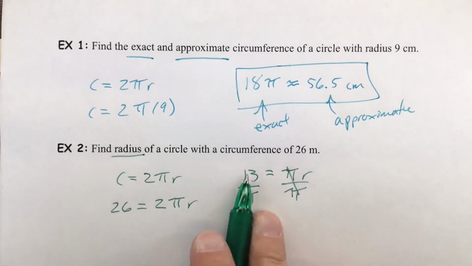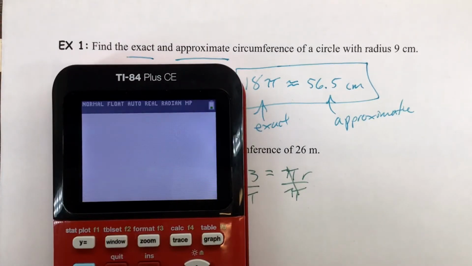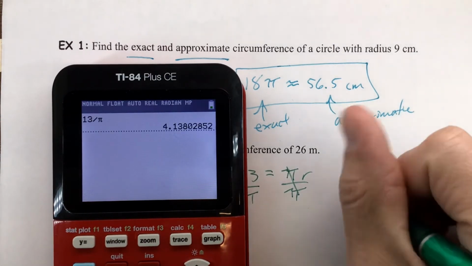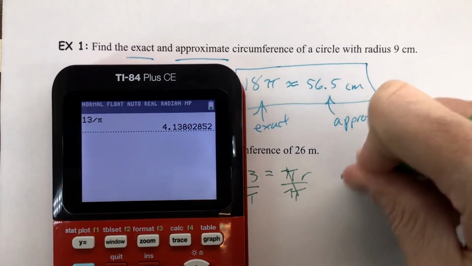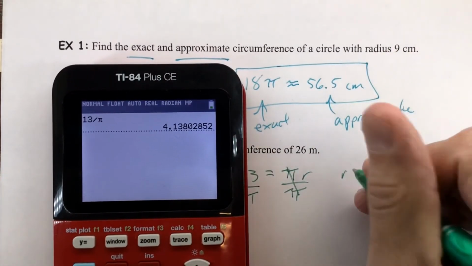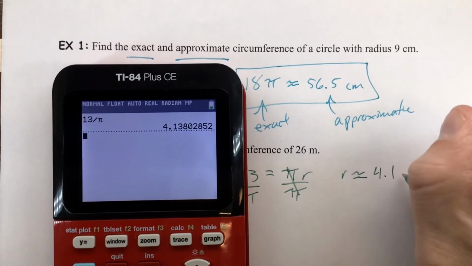Unfortunately, we don't like this as an answer, which would indicate an exact answer. So for these types of problems, we're always going to approximate. And our radius is going to be, I should make a habit of saying, approximately equal to 4.1 meters.